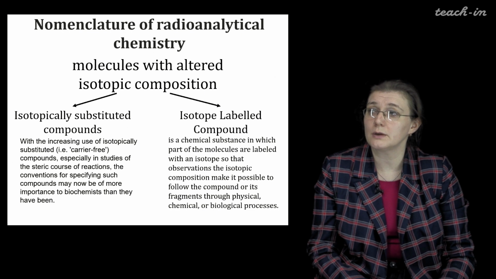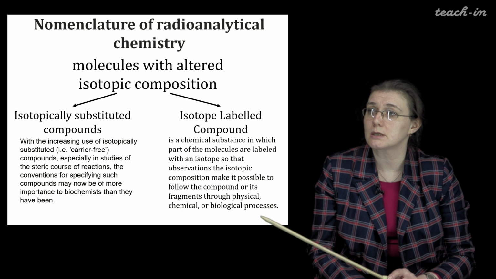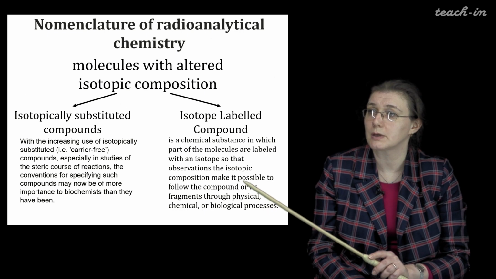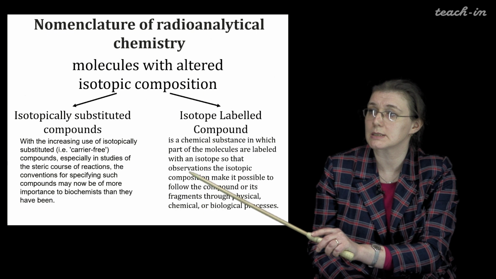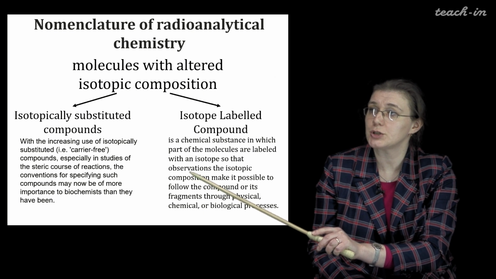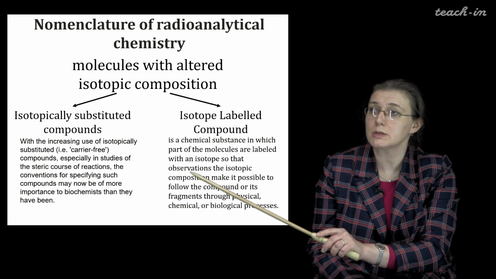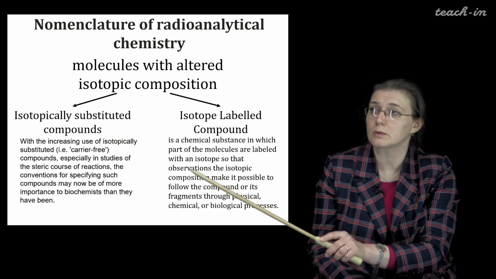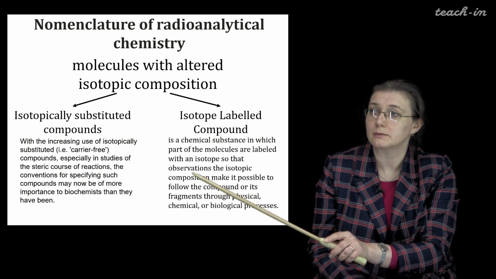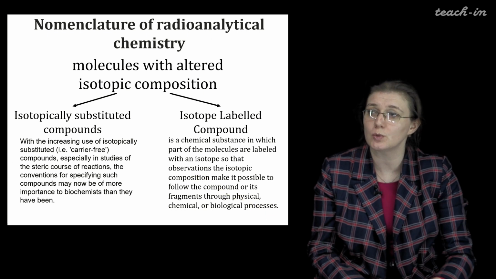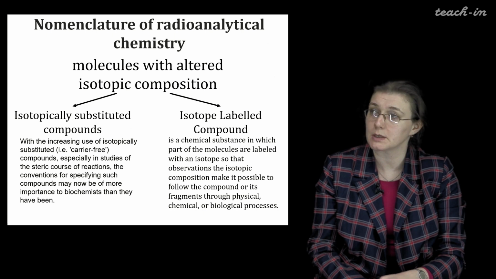And if we have only labeled compound, in other words, without non-labeled material, such a compound is called an isotopically substituted compound. You can also call it carrier-free, so in this compound there is no non-labeled material.